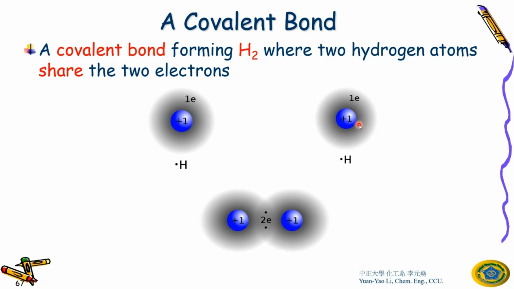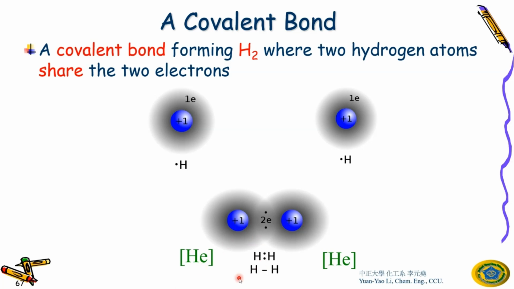Once we put 2 hydrogen atoms together, it becomes a hydrogen molecule, and these 2 electrons are shared between the atoms. Because the electrons are shared, these 2 atoms get the helium electron configuration, right? So helium and helium. There's no problem.